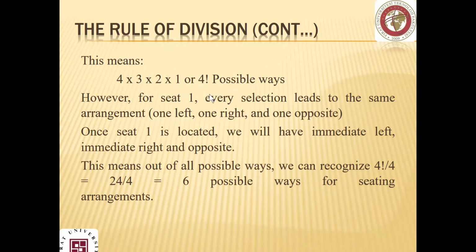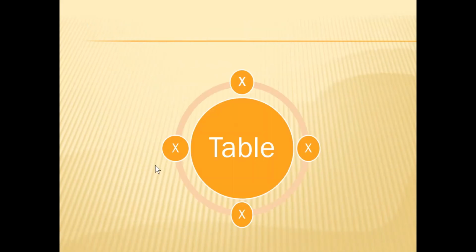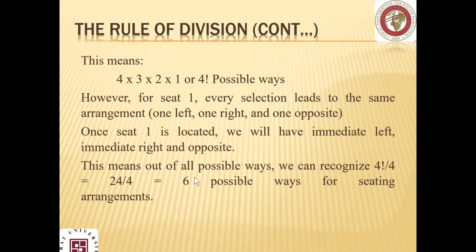Or if you want to apply the rule of division, that is the factorial of 4, or 4 factorial, divided by their number, 4. Why? Because we have 4 possibilities for the same seat repeated. Okay, and that is exactly the idea. So the rule of division in this case allows us to exclude the repetitive ways.